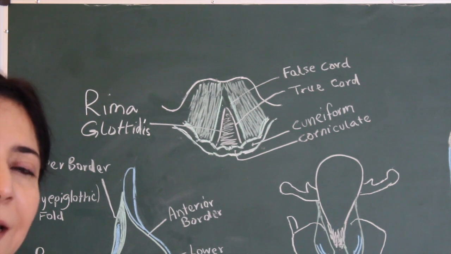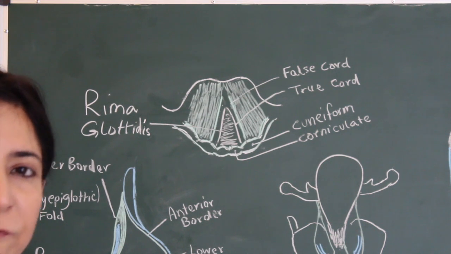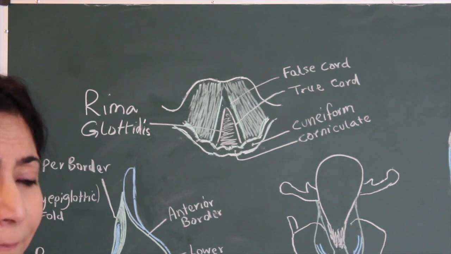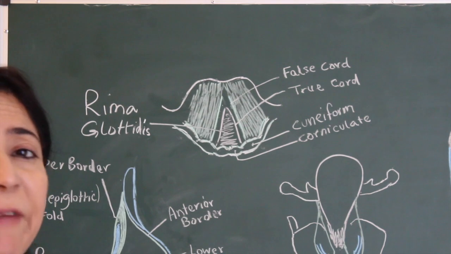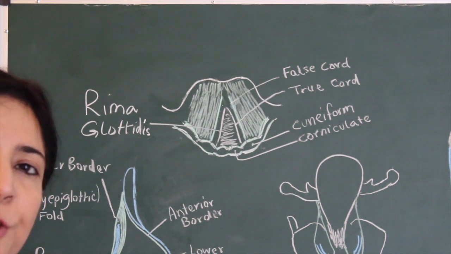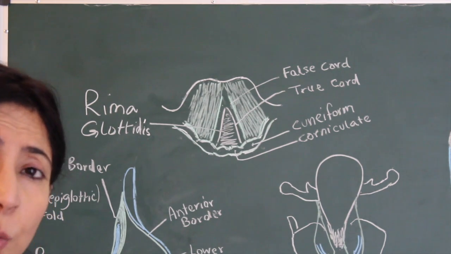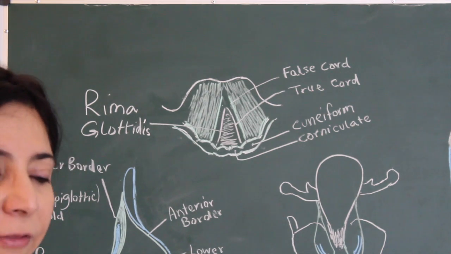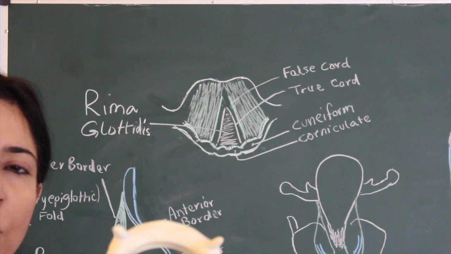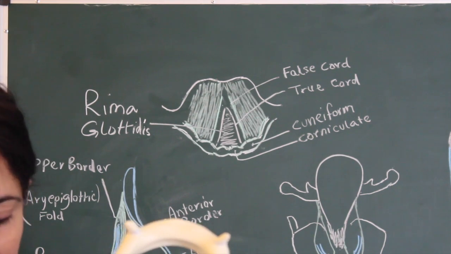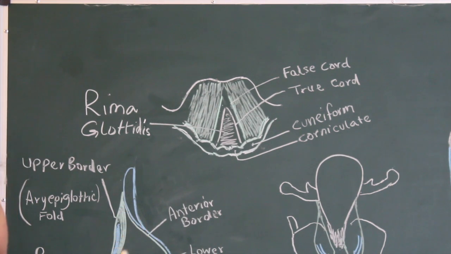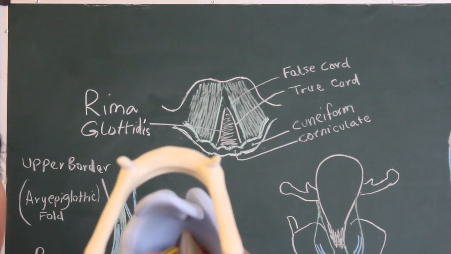It terminates at the level of the vestibular folds, rather it includes the ventricles, which is the space between the vestibular fold and the vocal folds. So the vestibule terminates at the level of the true vocal folds, which are visible. I believe you would be able to see these are the vocal cords.